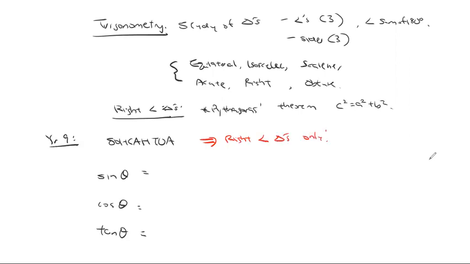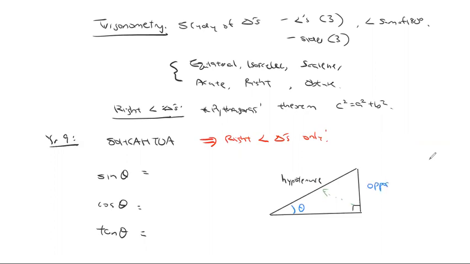If you have a right angle triangle, then the longer side is called the hypotenuse, which is the side opposite the right angle.